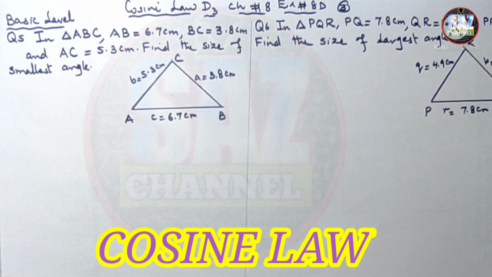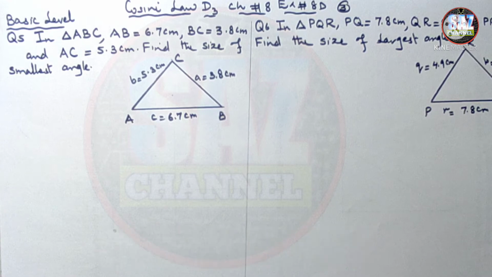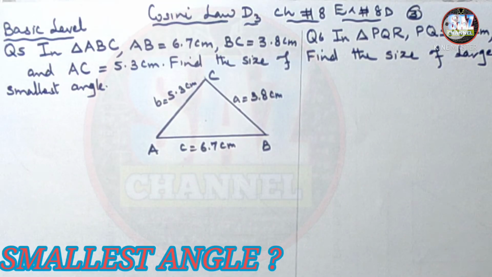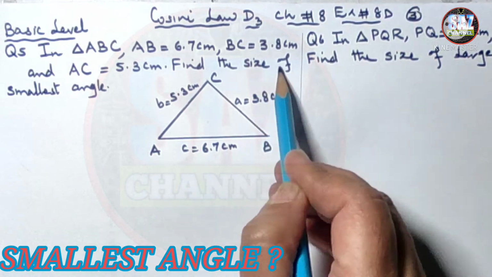And let's read question 5 from the book. Question 5 says, in triangle ABC, AB is 6.7 centimeter, BC is 3.8 centimeter, AC is 5.3 centimeter, find the size of the smallest angle.